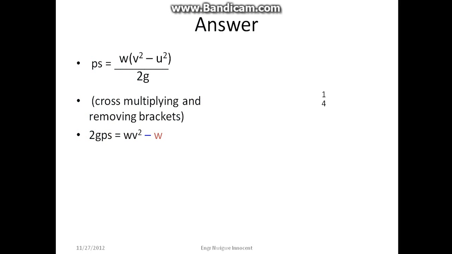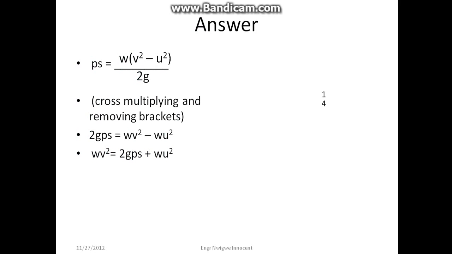Answer. We are given from the equation PS is equal to W in open bracket V squared minus U squared close bracket all over 2g. Cross multiplying and removing brackets, we now have 2g will cross to multiply PS to give us 2gPS is equal to W opening bracket, we will now multiply everything inside the bracket, which will now have WV squared minus WU squared.